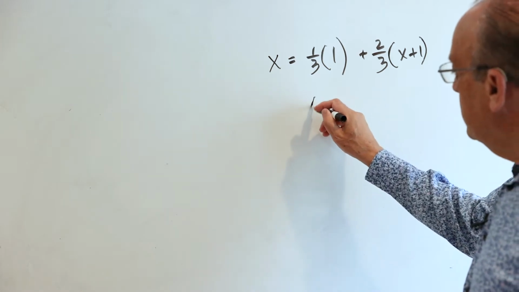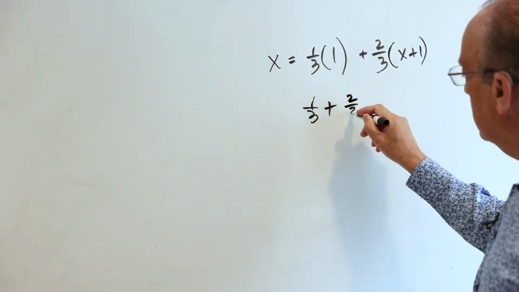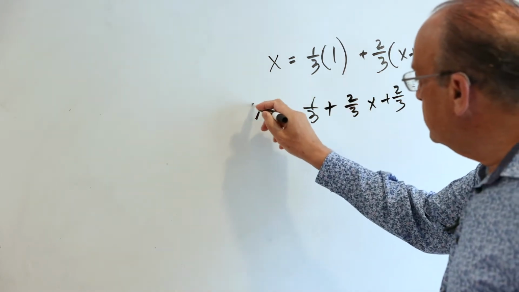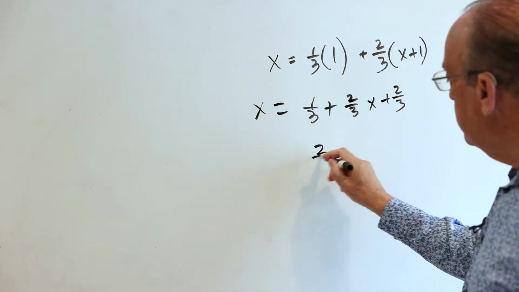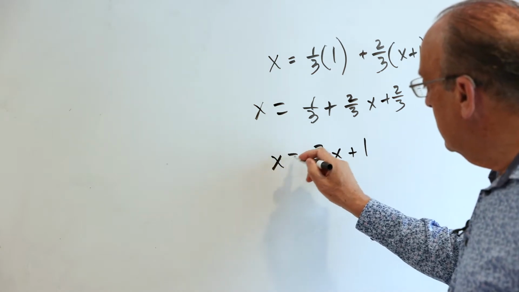So this is 1/3 plus 2/3 x plus 2/3 is equal to x. Combine the 1/3 and the 2/3 and you get 2/3 x plus 1 equals x.